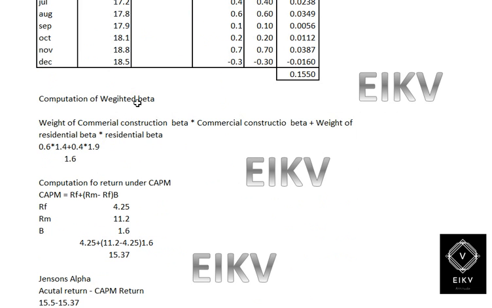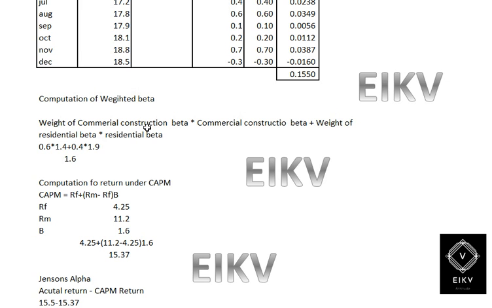So now the computation of weighted beta. Since the beta has been given for two streams, commercial construction is one stream and residential construction or township is the other.